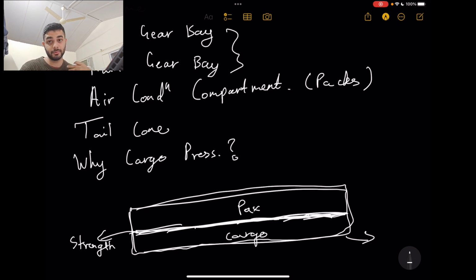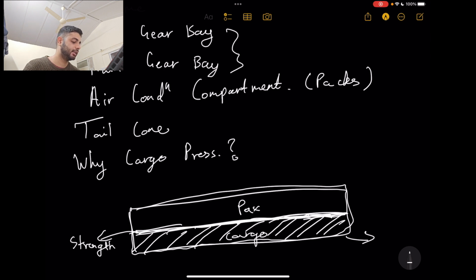Otherwise, if I put some expensive composite material which is light but provides strength, that's also expensive, so the cost of the aircraft increases. So it's a cost saving kind of thing. Also, some airlines transport animals in the cargo compartment, so it's a good option to have, to make your airline flexible, and it saves costs.